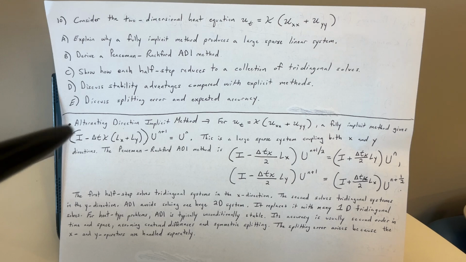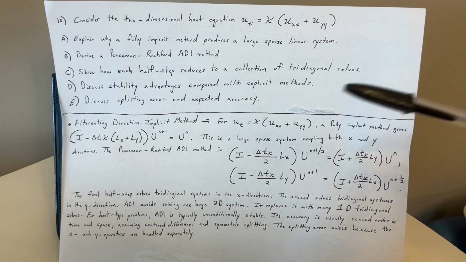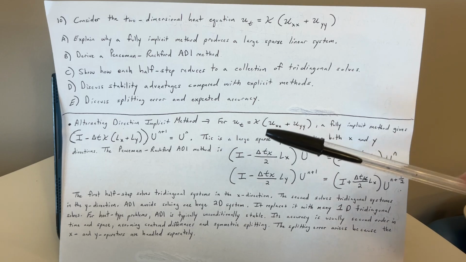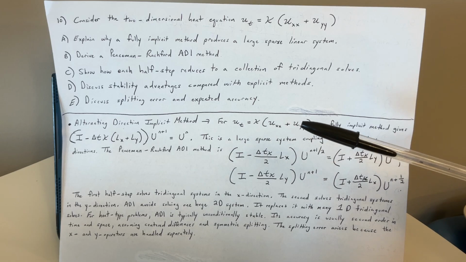So this is the alternating direction implicit method for u sub t equals kappa (u sub xx plus u sub yy).